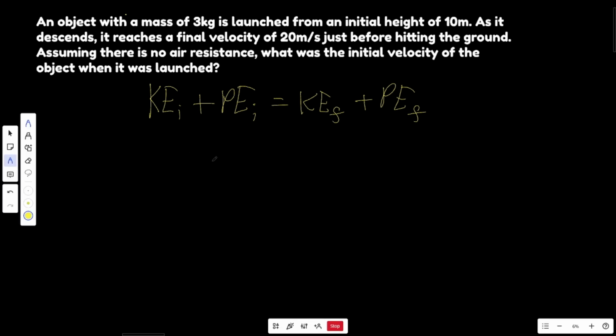Now, any object just before hitting the ground, for example, an object that's dropped straight down, at the top, we know that its potential energy is max and its KE is 0. In the middle, it's exactly half.